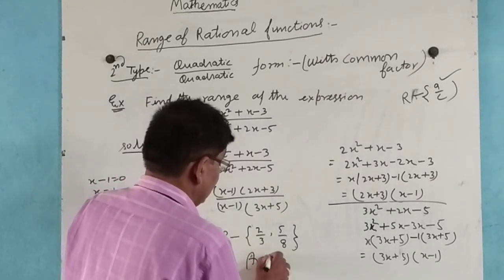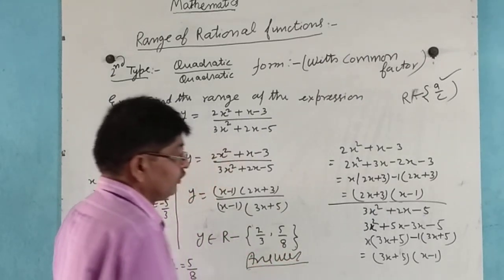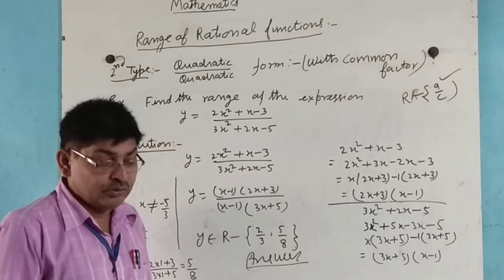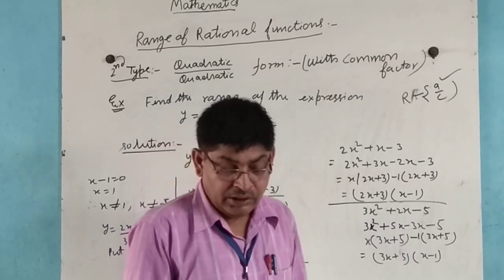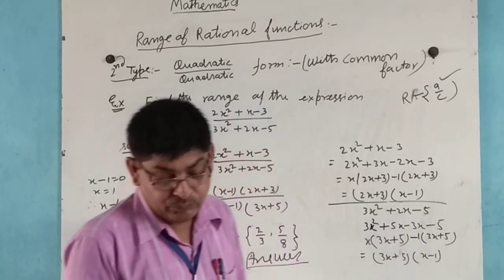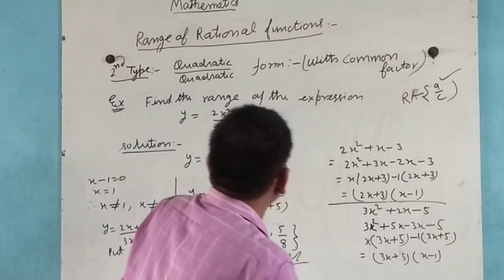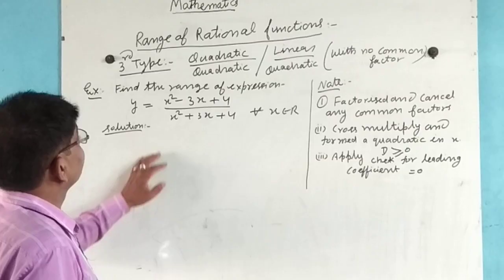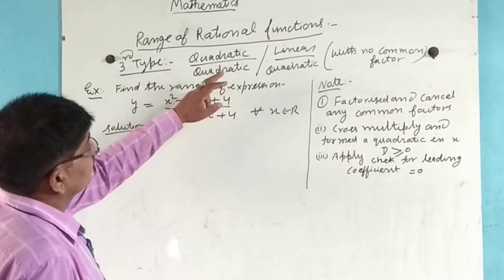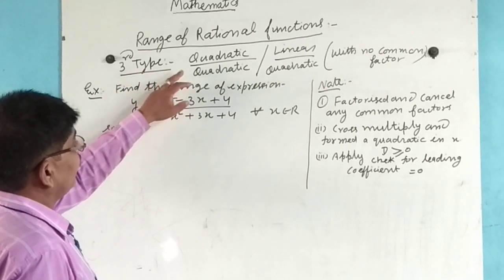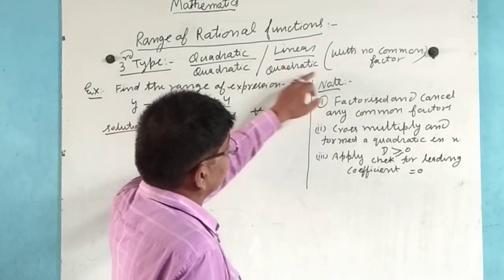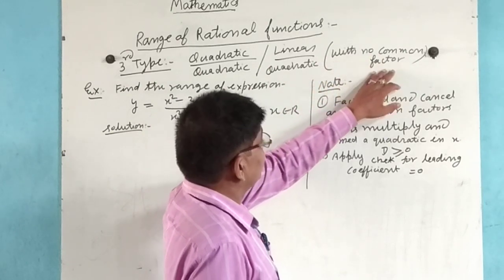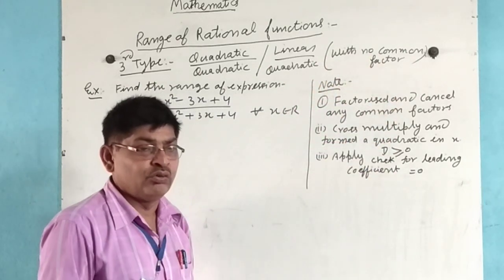This is our answer. Next, we have discussed about the quadratic by quadratic or linear by quadratic with no common factor. Range of rational functions, third type, quadratic by quadratic or linear by quadratic with no common factors. Here are no common factors.